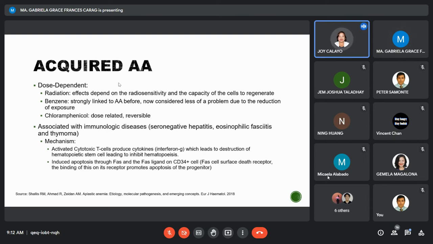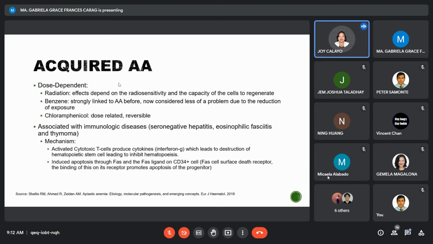Can you clarify with the class whether these three immunologic diseases that you just mentioned are autoimmune diseases? Because if you look at the description, you have the destruction of the HSC in the first description. So something triggered your cytotoxic T cells so that they produce cytokines that destroy the HSC.